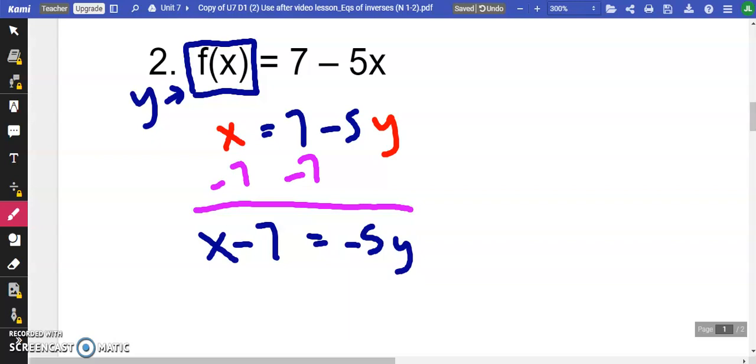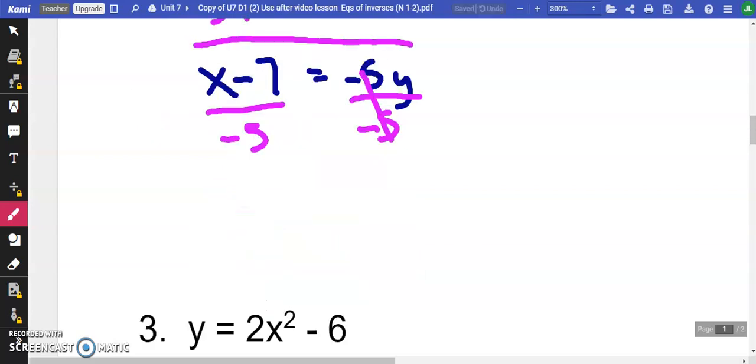And then we will divide everything by negative 5. And just like last time, we're going to distribute the negative 5 to both the x and the negative 7.